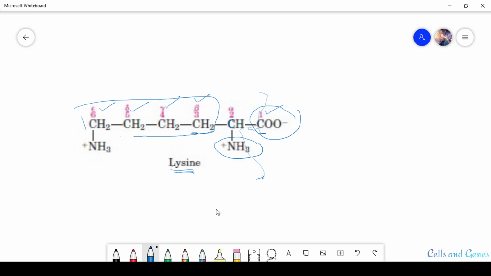The carboxyl carbon is named C1, because C1 is given to the carbon with the substituent containing the atom of highest atomic number. And here it is C2, C3, C4 and it goes on like that. So here we saw the general structure and how it is named.